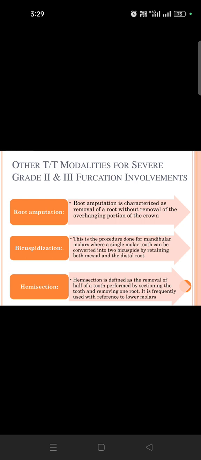Bicuspidization is a procedure done for mandibular molars where a single molar can be converted into two bicuspids by retaining both the mesial and distal roots. And hemisection is defined as the removal of half of a tooth, performed by sectioning the tooth and removing one root. It is frequently used with reference to the lower molars.